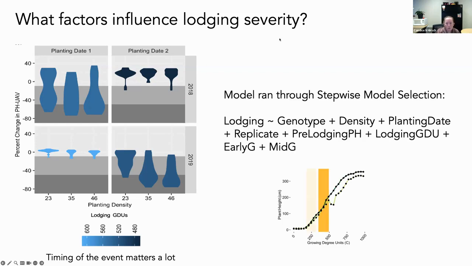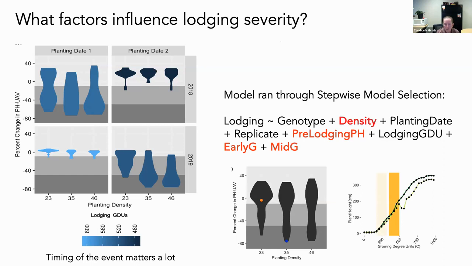And so what we did was we modeled a bunch of different factors. So the genotype, the density, the planting date. We also looked at the pre-lodging plant height, the early season growth, the mid-season growth, and we looked at what factors were most important. And what we saw was that density was really important, as well as pre-lodging plant height, and then the early mid-season growth. And so this makes a lot of sense.